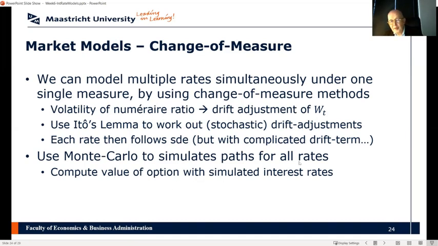And if I have paths for all the interest rates, then I know at each point in time the complete term structure of interest rates, all the discount factors, and therefore I can compute the value of any option that I want at each time point along my simulated path.